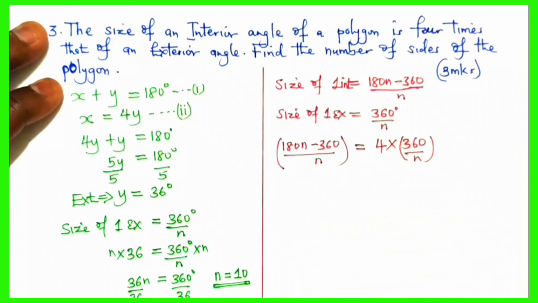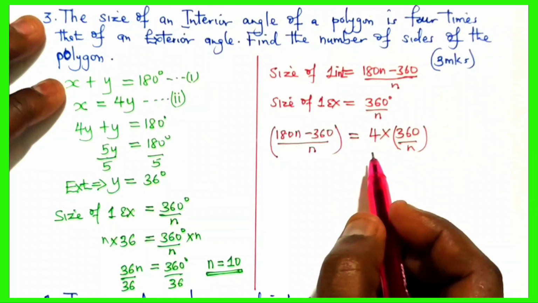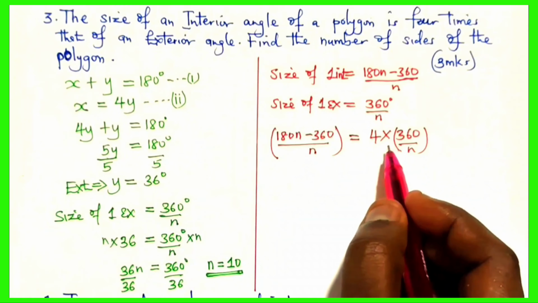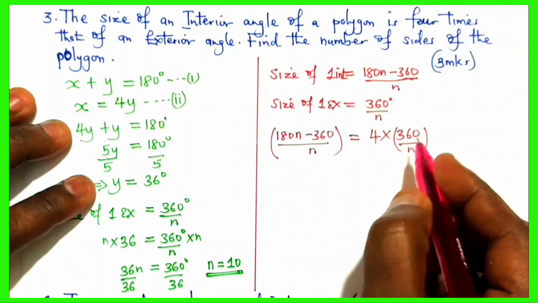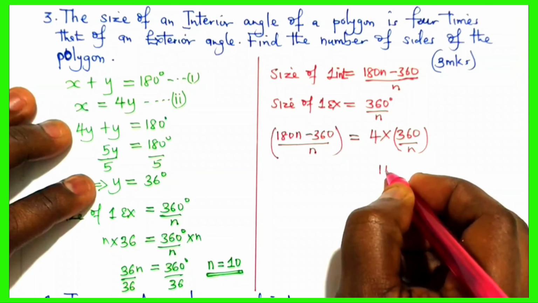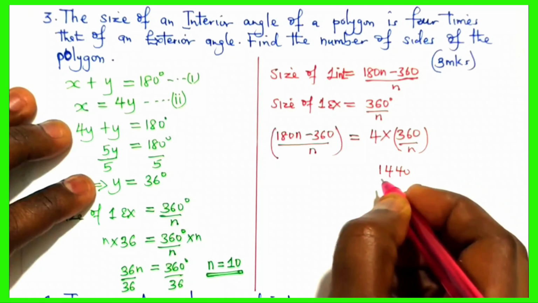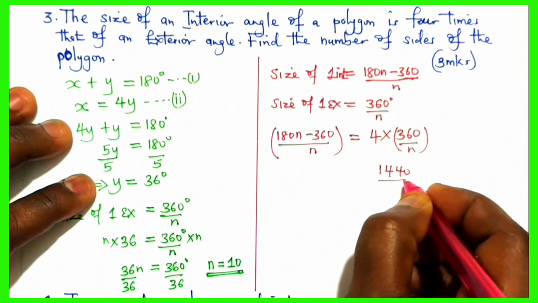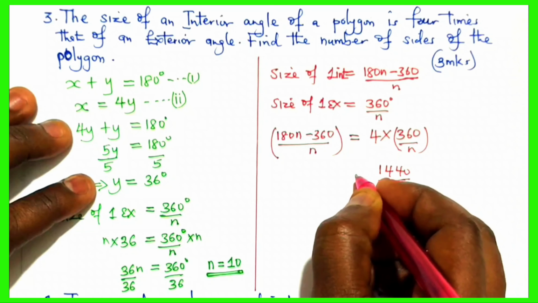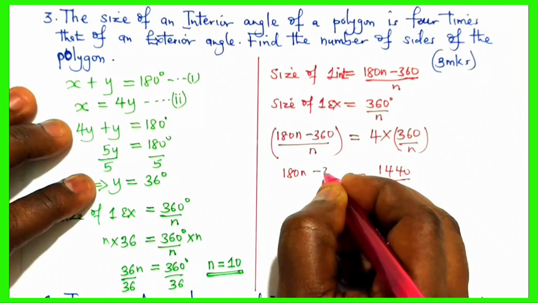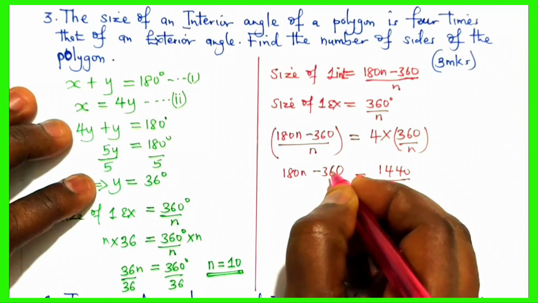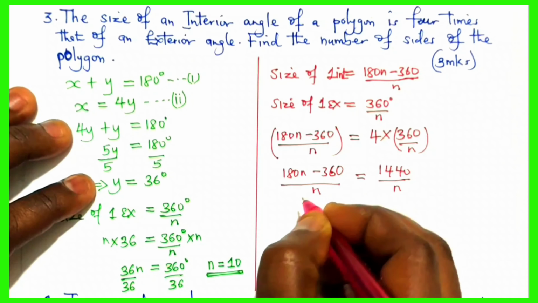And therefore we solve for n here. So we can first of all begin by multiplying 4 times 360. We end up getting 1440. So 1440 divided by n here will meet 180n minus 360 divided by n.